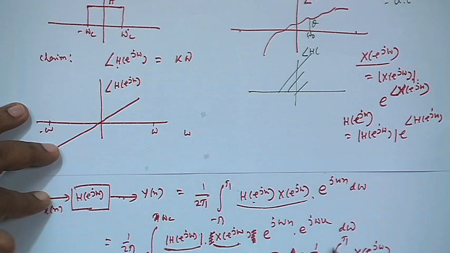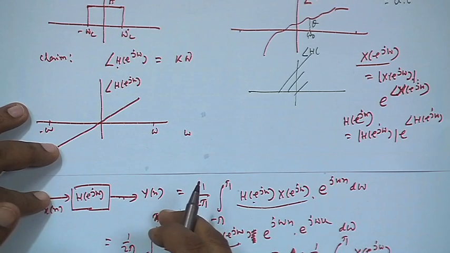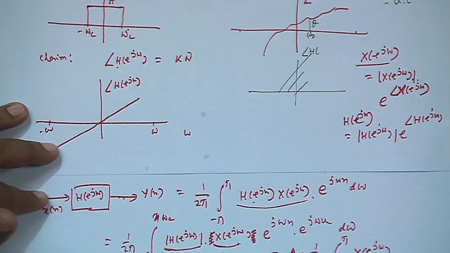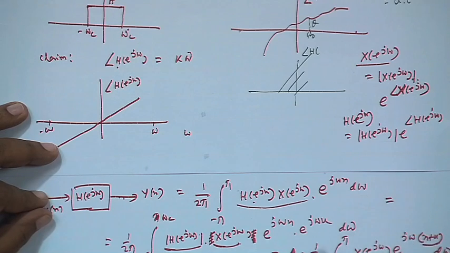So no point, even if I extend the integral from minus pi to pi, outside this interval minus ω_c to ω_c this is 0. So it will not cause any change in the integral, but it is e^{jω(n+k)}. So this is the inverse transform of x[n] at time index n plus k. So what you will get is this capital A times the original x[n+k].